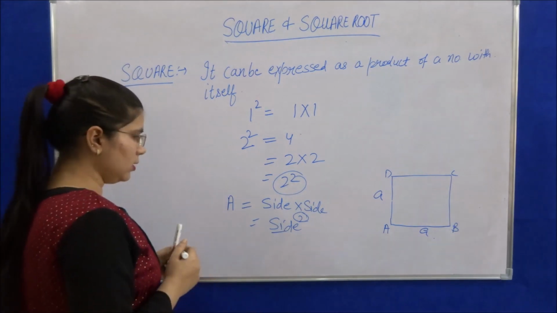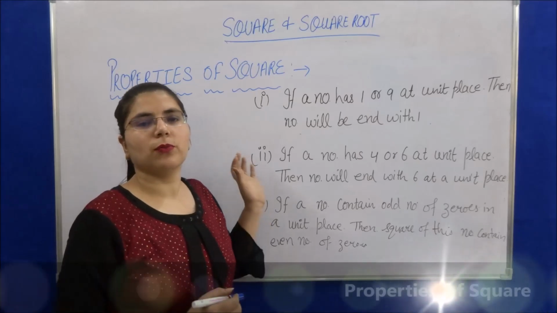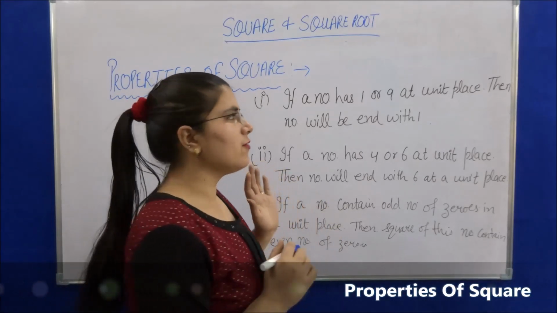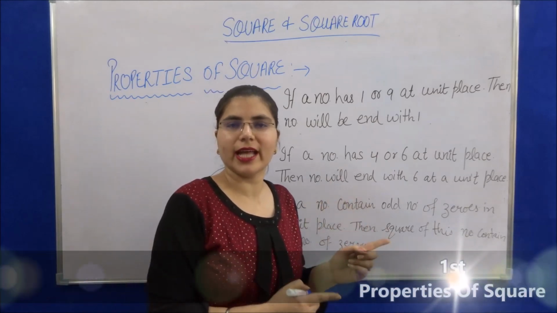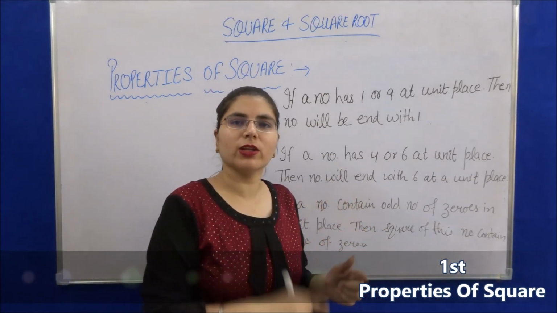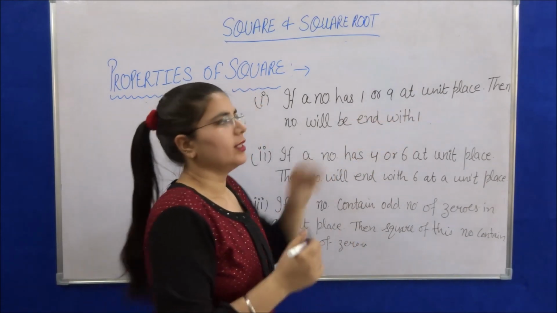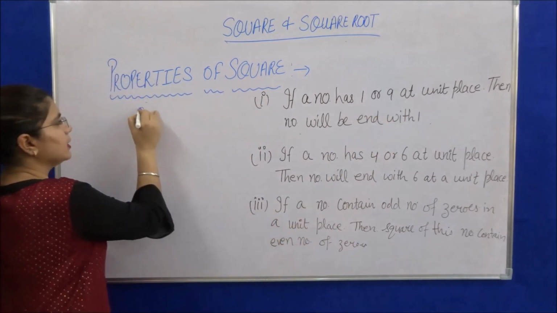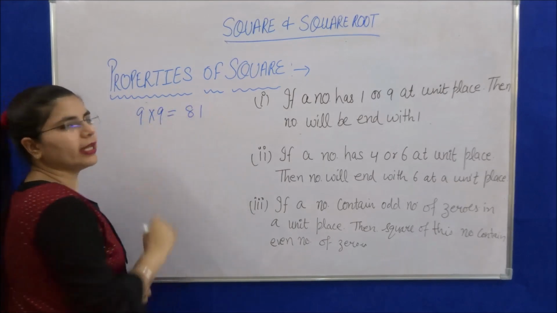Now, let's do the properties of the square. Our first property is, if a number has 1 or 9 at a unit place, then the square of that number will also end with 1. That is, if we consider 9 square, that is 9 into 9, that will be equal to 81.